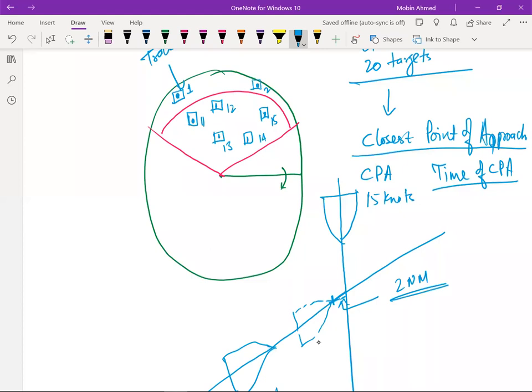That is the regulation. Otherwise, one needs to divert, or it should cross from the back of the other. So it will be diverting a little bit, so that at least a minimum of 2 nautical miles is maintained. So this is the advantage we are going to have with the ARPA.